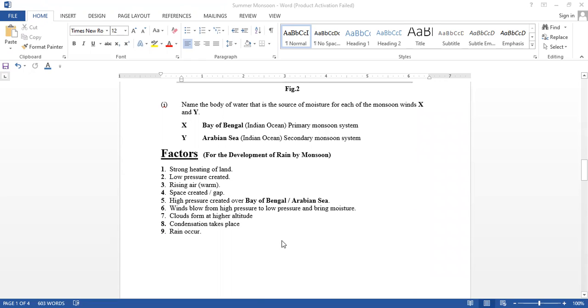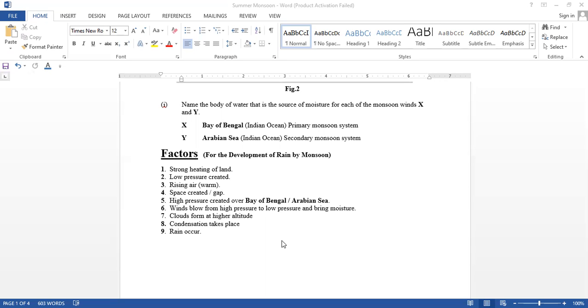But how does rain occur by the summer monsoon, or how do monsoon winds develop in an area from July to September? Last time I said, first of all, the temperature increases in the month of July to September, then low pressure is created.